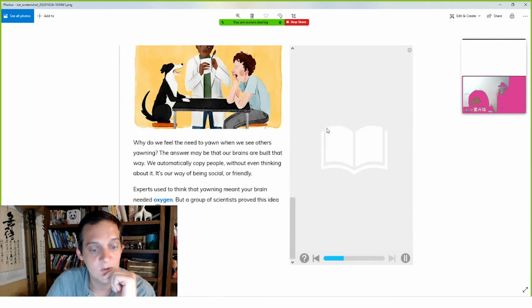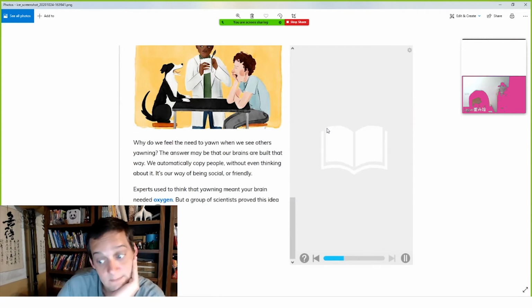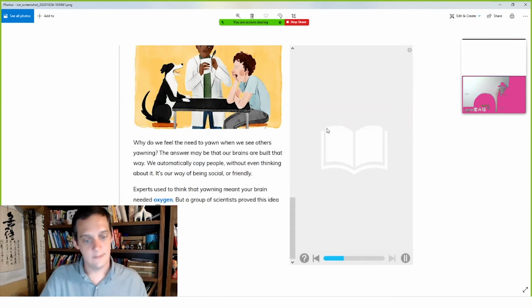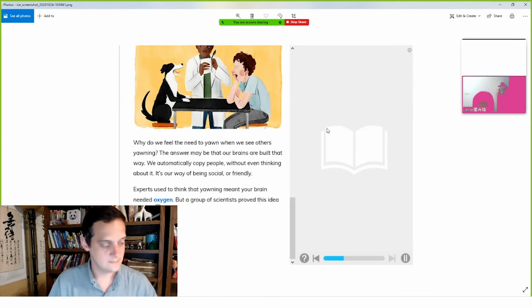Next one. Okay, how about this one? Experts used to think that yawning meant your brain needed oxygen, but a group of scientists proved this idea wrong.